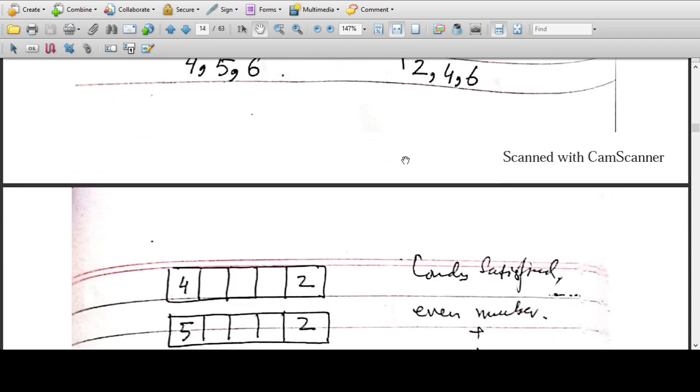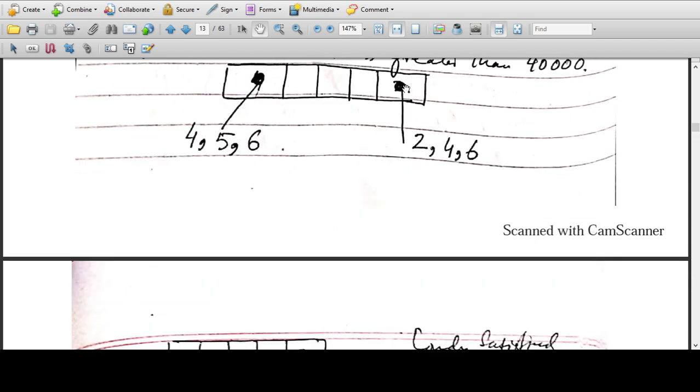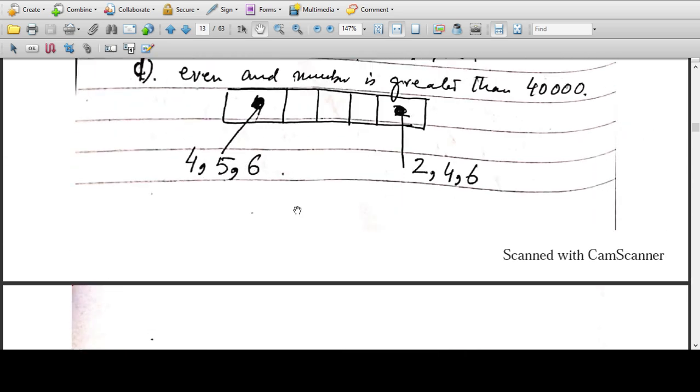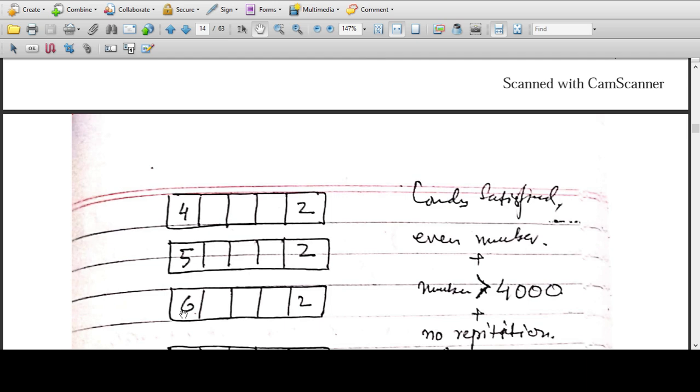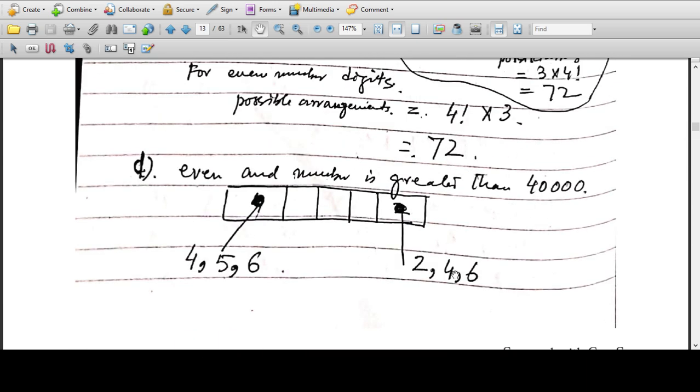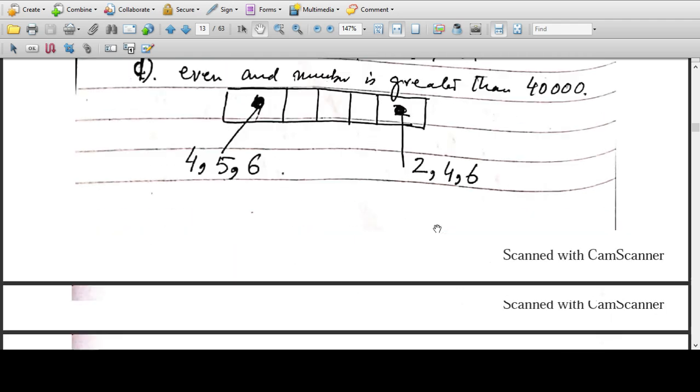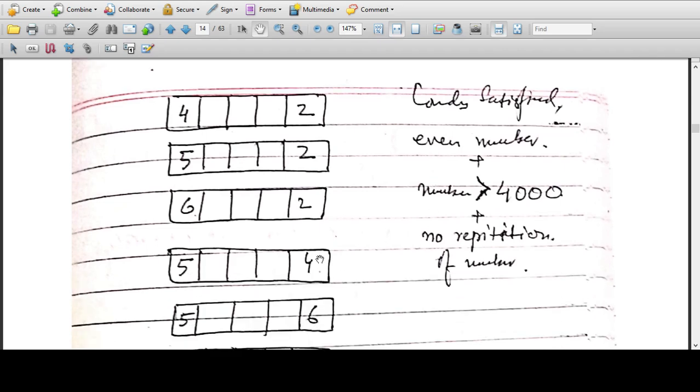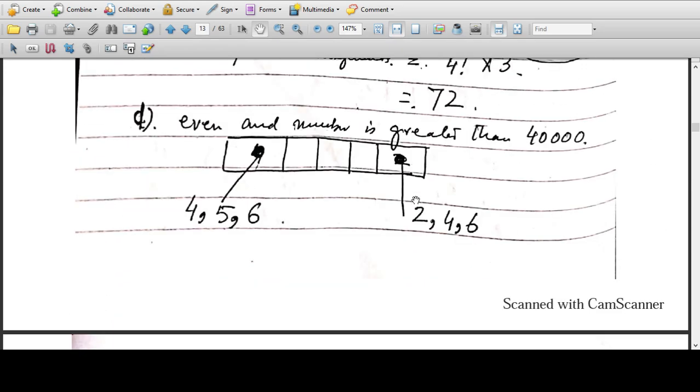If we place 2 here, then there is a possibility of 4, 5, 6 here. So 4, 5, and 6. If we place 4 here, then this 2 possibility does not exist. If we place 4 here, then 4 and 6 means 5 and 5.